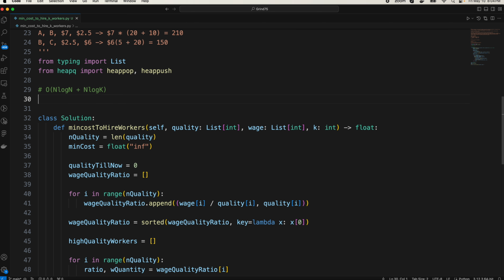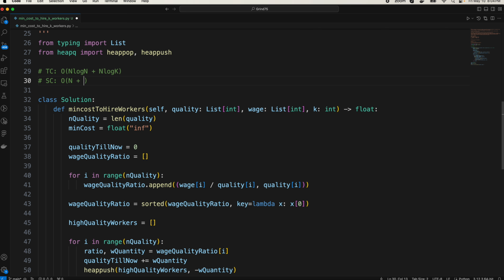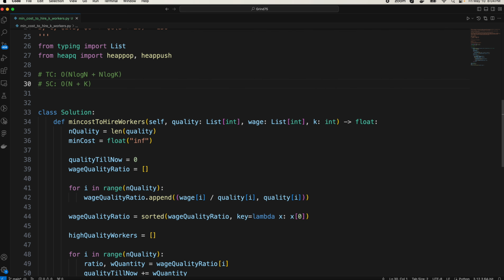So that will be the time complexity. And space complexity would be, we are storing the wage quantity ratio, and also we are maintaining a heap of size k. That means we have space complexity of order n plus k.